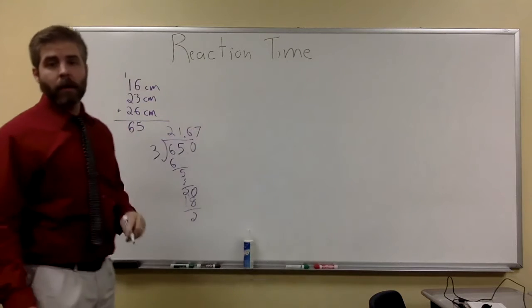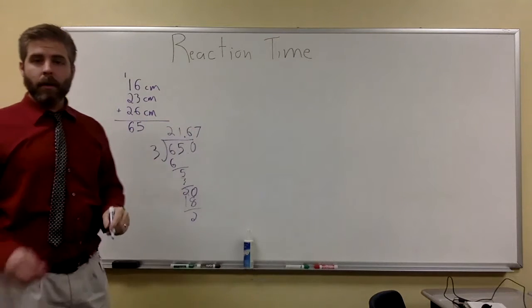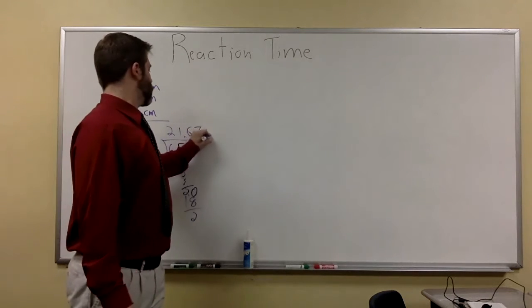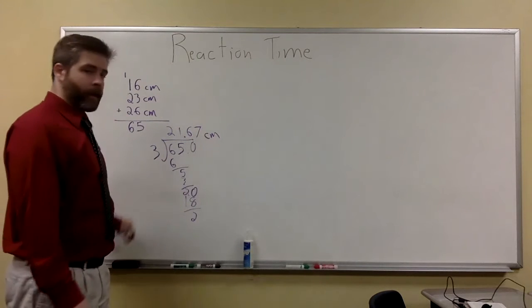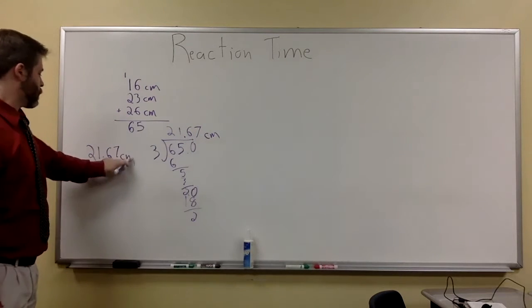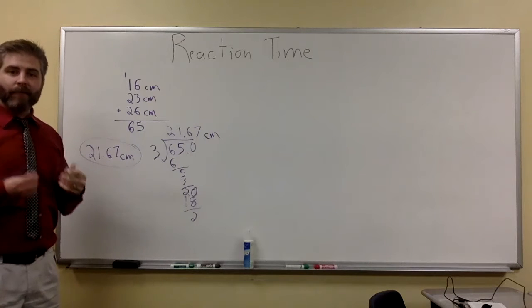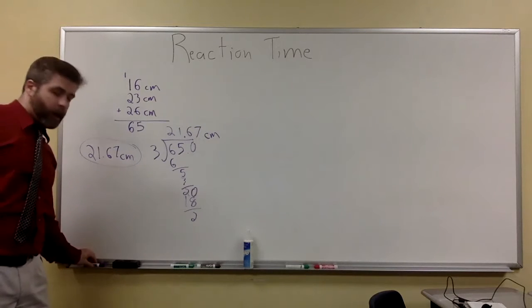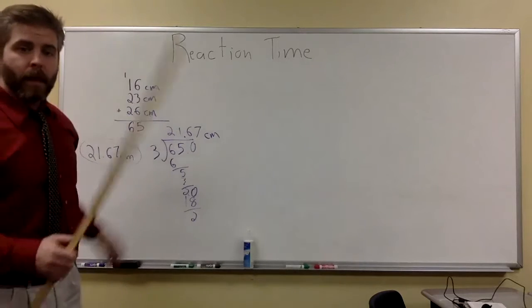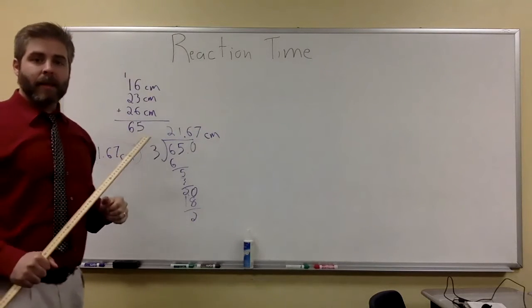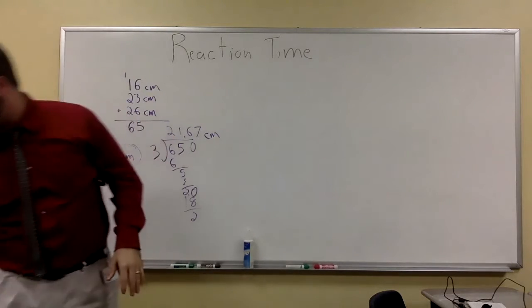We're going to round, so 21.67 centimeters is our average. I'll rewrite that without all this math here. And that is my average. Your average may be a little bit bigger because you don't know when it's coming. I did.